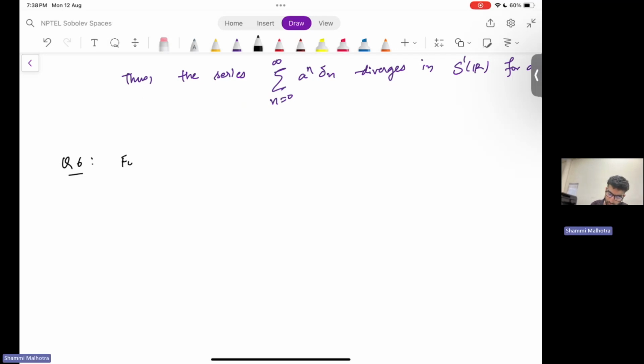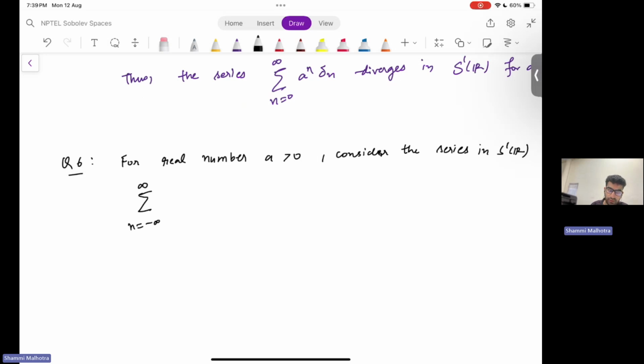So again, for a real number a positive, consider the series in S' R. The series is nothing but the summation n from minus infinity to infinity of a to the power n delta_n.